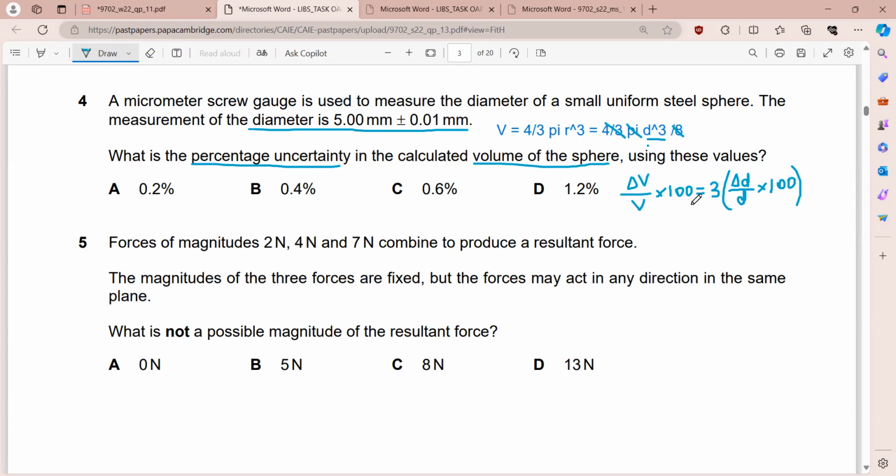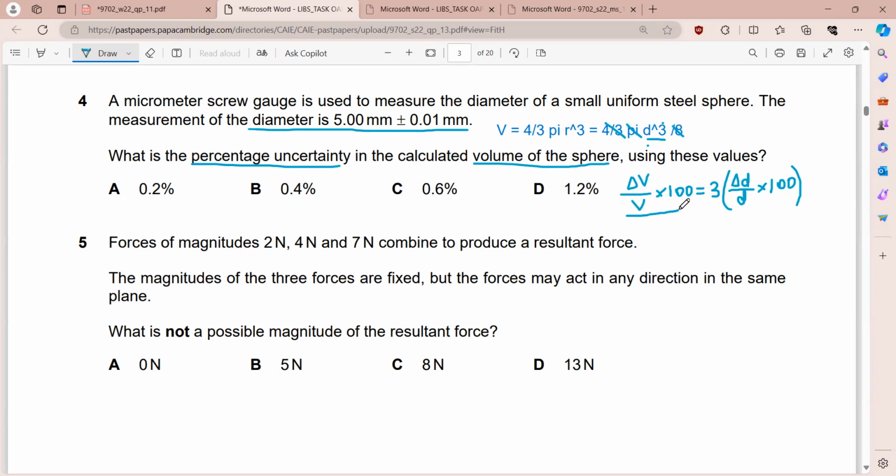So we'll just have to write it like this. So del V, which is the absolute uncertainty of V, divided by the actual volume times 100 equals, since this is cubed, I'm putting 3 in the front, and then del d is the absolute uncertainty of d, which in this case is 0.01 millimeter from the question, divided by the actual diameter, 5 millimeter, multiplied by 100.